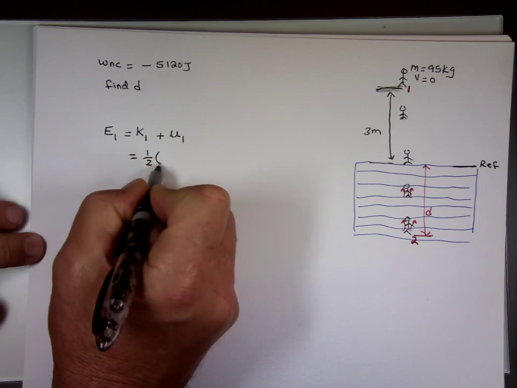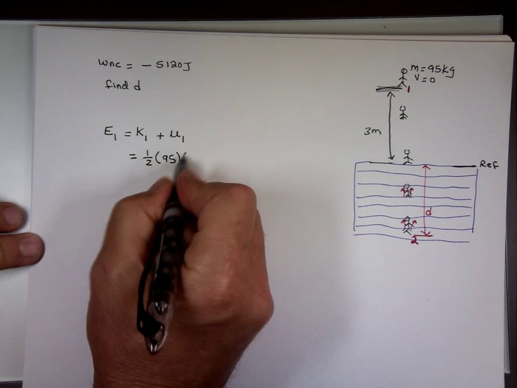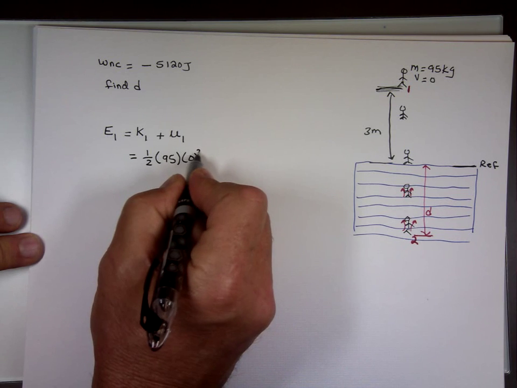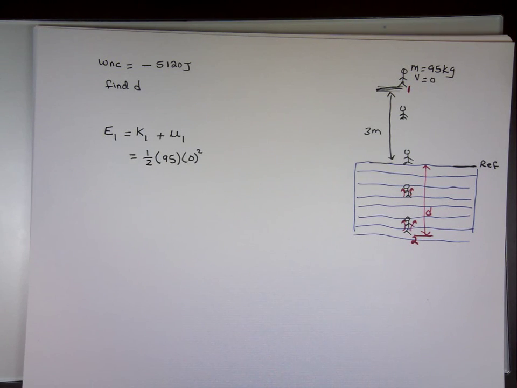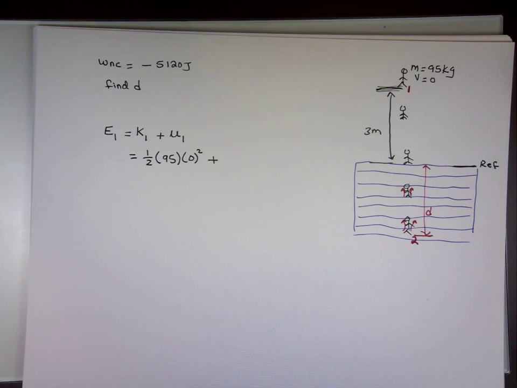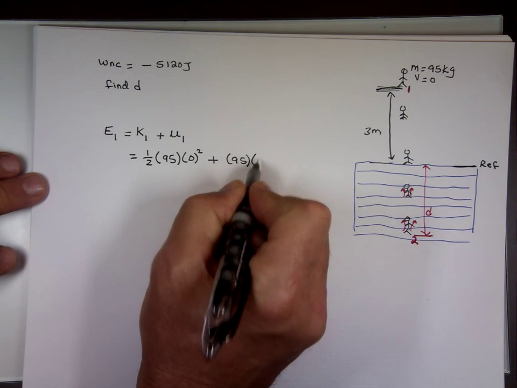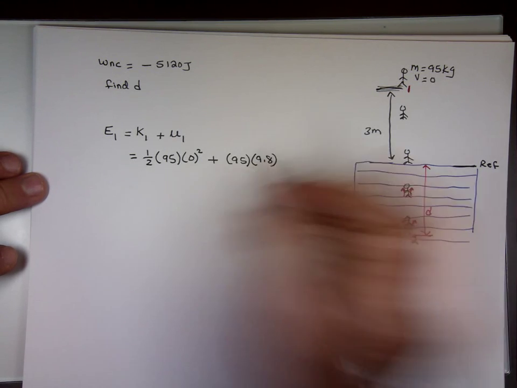And your velocity at the top, what was your velocity? 0, and square it. Let's add to it your potential energy, which is the mass, 95, gravity, which is 9.8, and your height is above that reference point, so it's positive 3 meters.